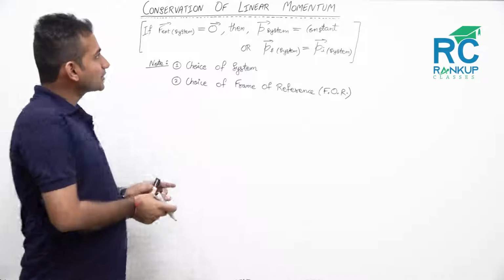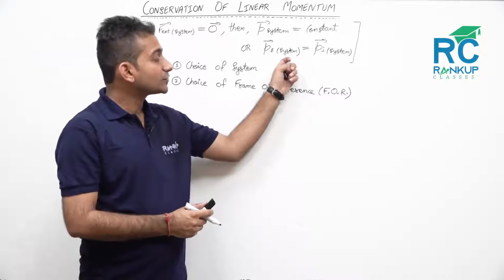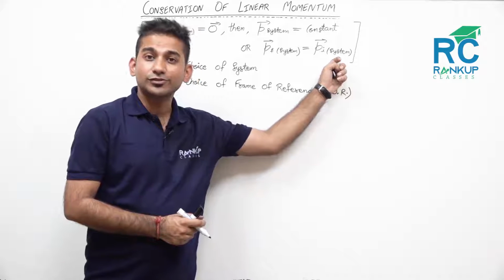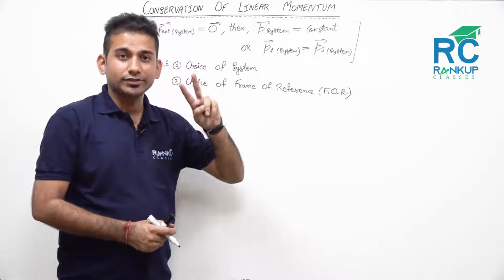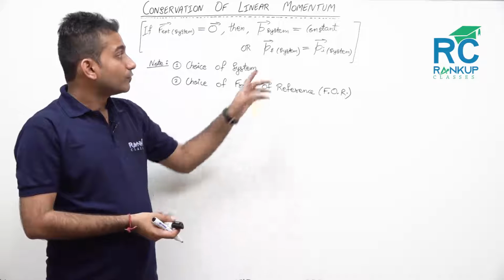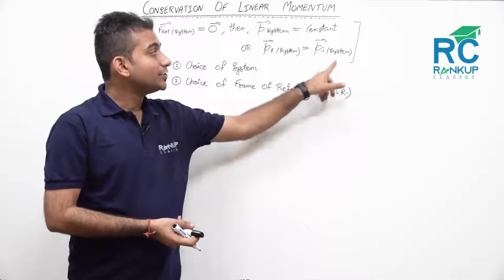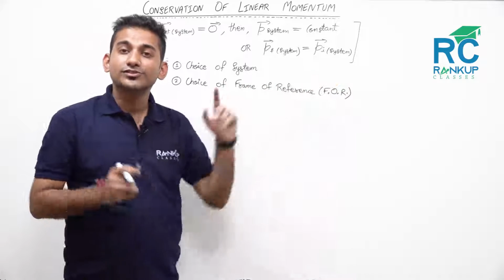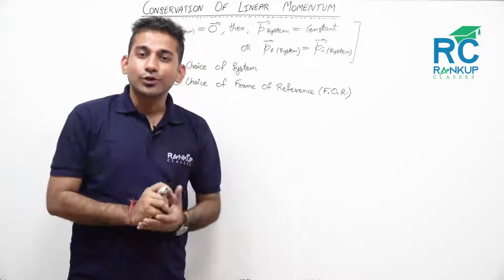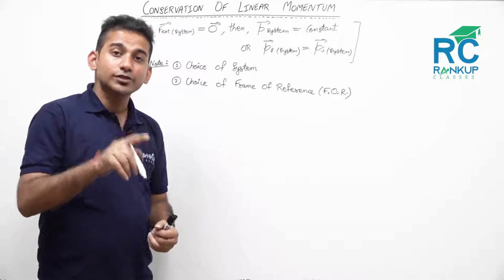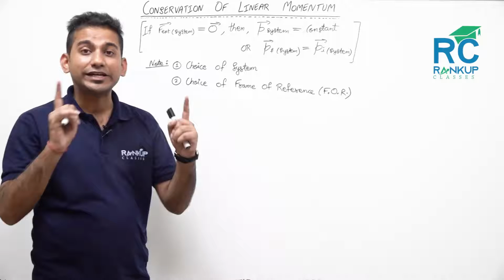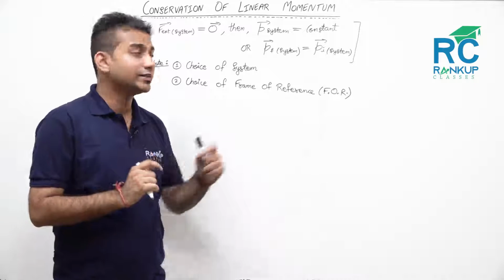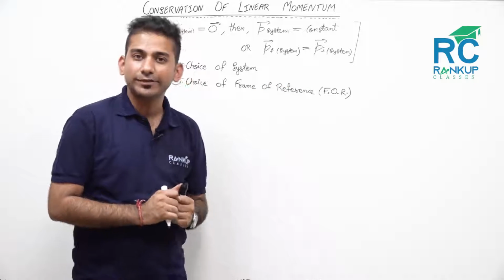Whenever you are saying that the final momentum of the system will be equal to the initial momentum of the system, there are two mistakes which can be there, right? The first thing is, while writing the final and initial momentum of the system, you are standing at two different places, which means you as an observer are having two different states of motion while writing the initial and final momentum separately.